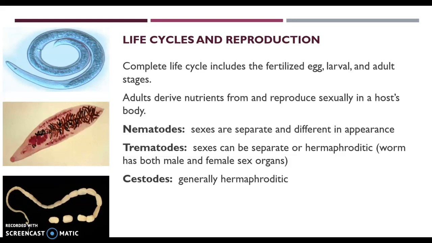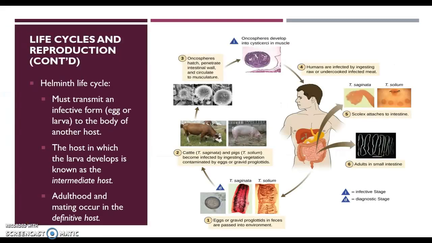The trematodes, the sexes can be separate, or the worm can be hermaphroditic, so the worm possesses both male and female sex organs. The cestodes, or the tapeworms, are typically all hermaphroditic, which means they all possess both male and female parts.